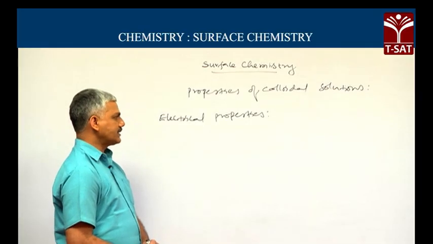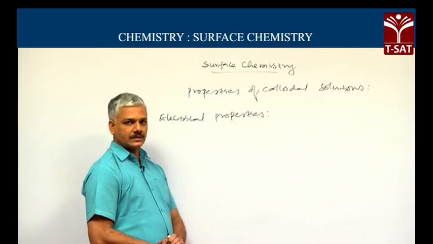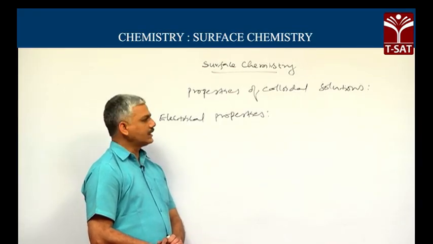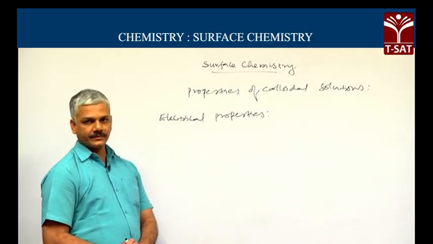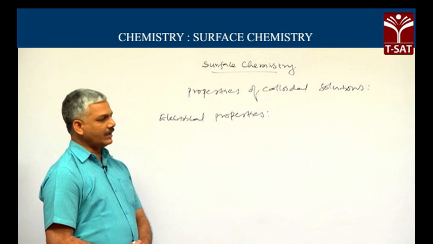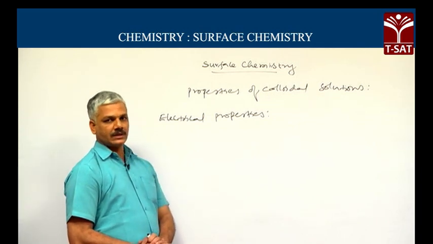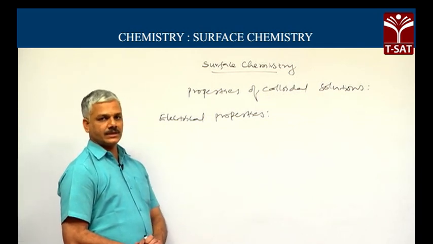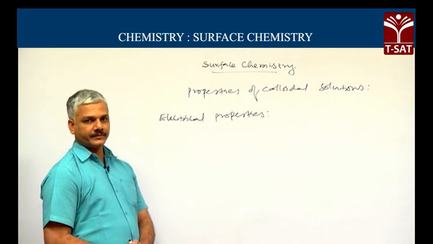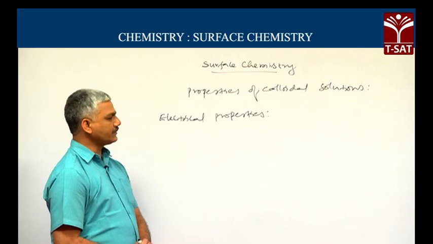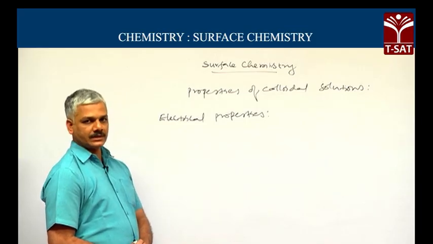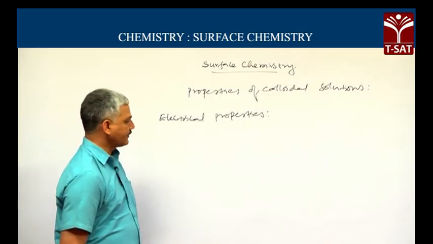What type of charge is accumulated by the colloidal solution depends on the medium in which the preparation method is carried out. Same colloidal solution may acquire positive charge in one medium and a negative charge in another medium. The charge is due to preferential adsorption of a specific type of ions on their surfaces.